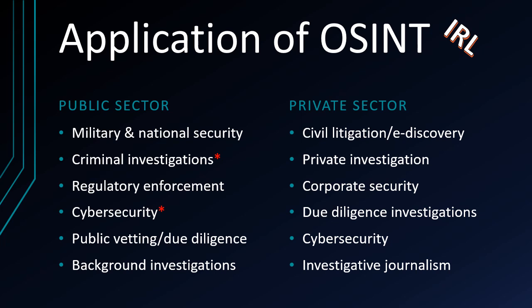There's a growing set of experts who are able to set up profiles on dating apps like Tinder and OkCupid, but we won't cover those at all. Journalists who want to expose human rights abuses and corruption are huge OSINT investigators. Similarly, employers who are looking to hire a partner or high-paying executive may also engage OSINT investigators on the private side to conduct due diligence before signing a contract.